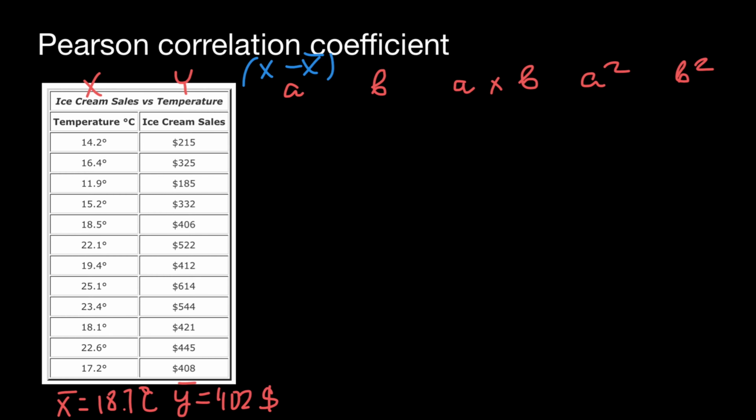So we take any number here minus x bar, which is the mean of this set of numbers, 18.7. For example, 14.2 minus 18.7 gives us minus 4.5. For column B, we also have y minus y bar. This is going to be 212 minus 402, and we put here minus $187.